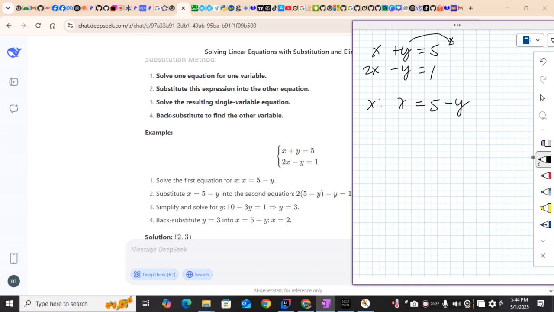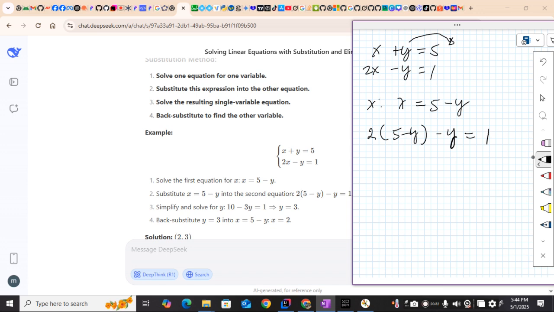And there we have it. We have successfully done the first step. Now the second step, we need to substitute this expression into the other equation. So we are left with the other equation: 2 multiplied by, since the value of x here we have solved to be 5 minus y, we put it there, minus y equals 1.